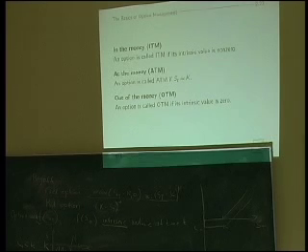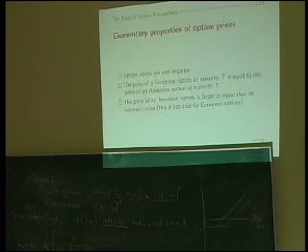This is a recent trend in the market, due to some deeper reasons. Okay, this is a definition, and you will encounter it very often if you read financial literature. Okay, now to some elementary properties of option prices.